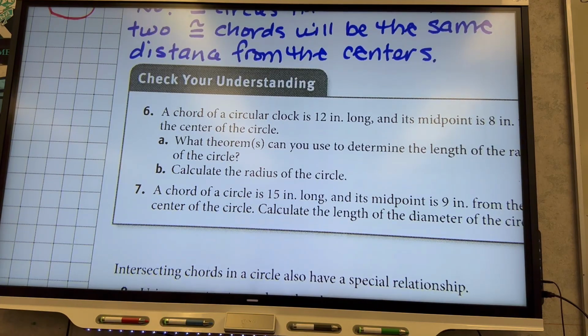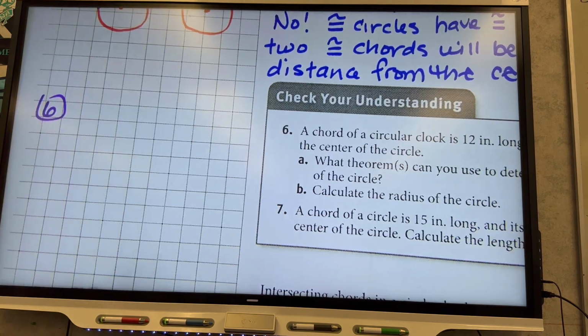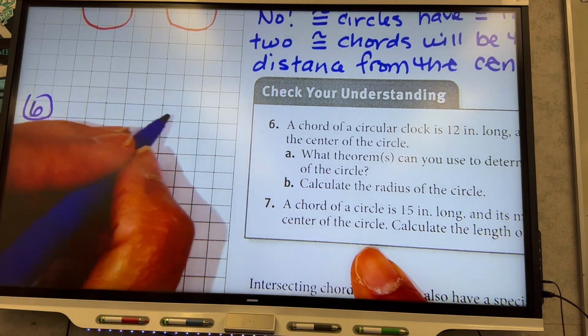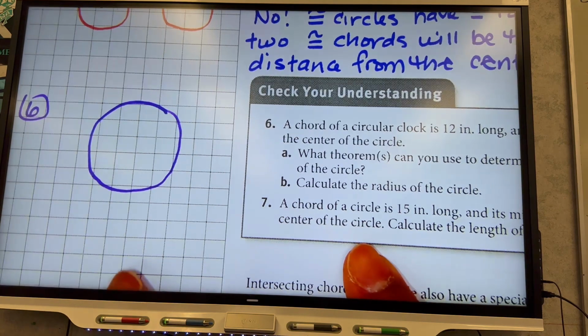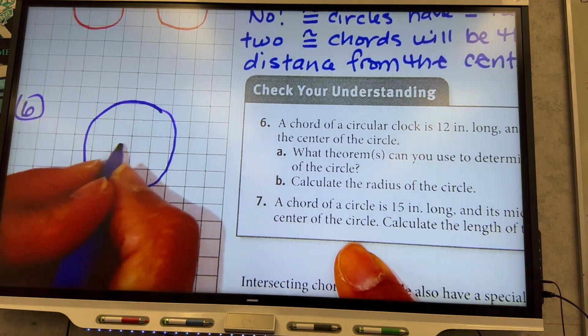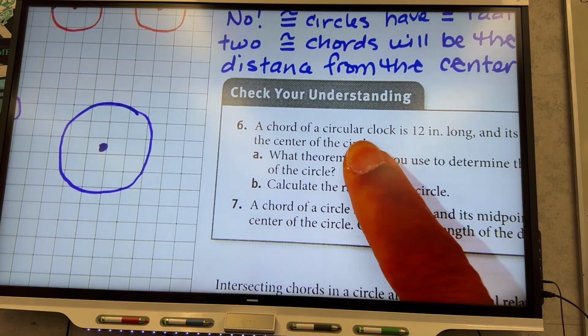Check your understanding. It says, a chord of a circular clock is 12 inches long. I'm going to stop because I don't have a picture of this clock. We're going to need to draw it. So draw a circle. Don't make it too small because you need room to add stuff to it. Put a center on your circle. And it says we have a chord.